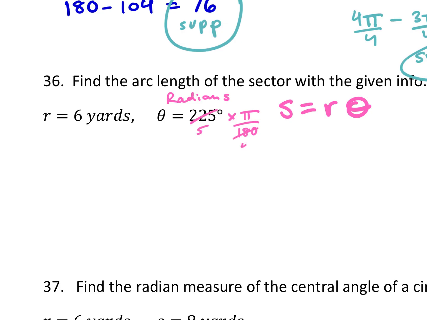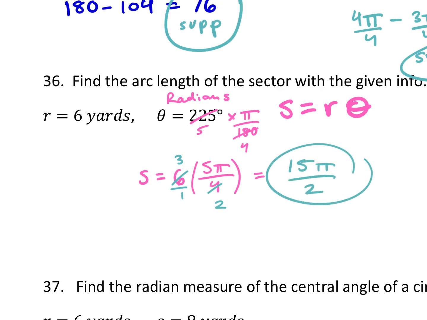So 5 pi over 4 is our theta, and our radius is 6. So S is equal to 6 times 5 pi over 4. Simplify. 2 goes into both 6 and 4. So this would be 15 pi over 2. Or you could multiply it together and then simplify at the end.